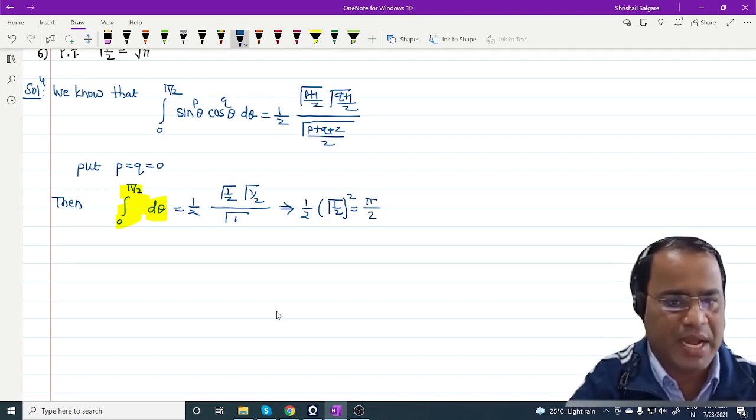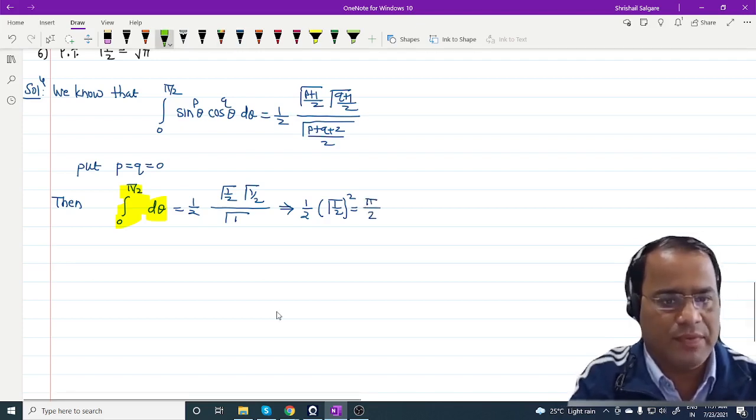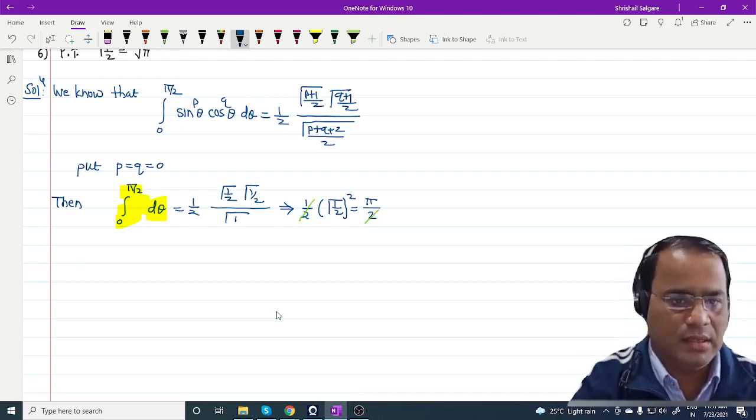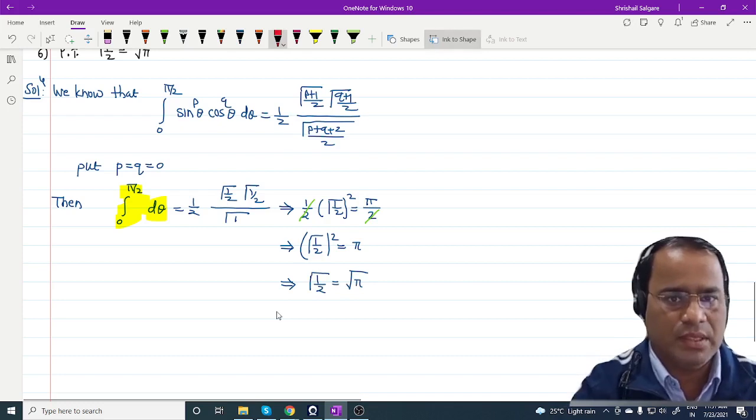So it is pi by 2 minus 0, and from this the 1 by 2 gets cancelled, and you are getting gamma of 1 by 2 squared equal to pi. So taking square root on both sides, you will get gamma of 1 by 2 equal to root of pi.